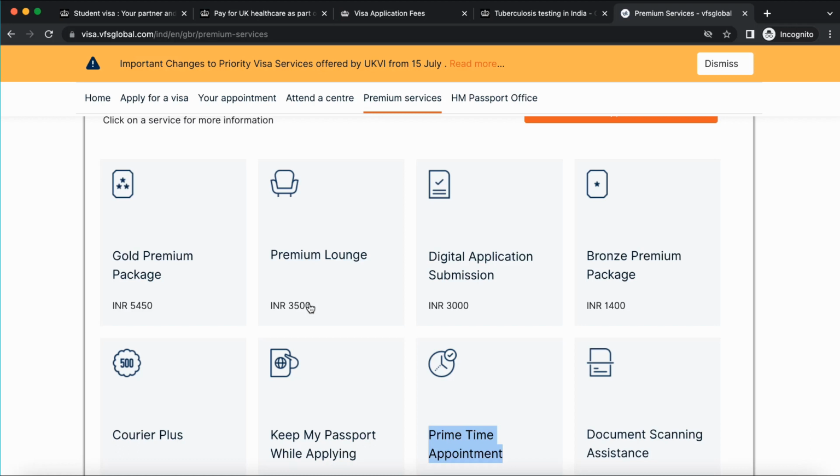They told us that the wait time is very long, 2 hours, and when we went inside, everything was done within 15 minutes. We got our appointment, we submitted all our documents, and momentarily, probably the next 10-15 minutes, our biometrics were done. So overall it took us hardly 35-40 minutes to get the entire process done. But yeah, again, it depends on you whether you want to take these services.